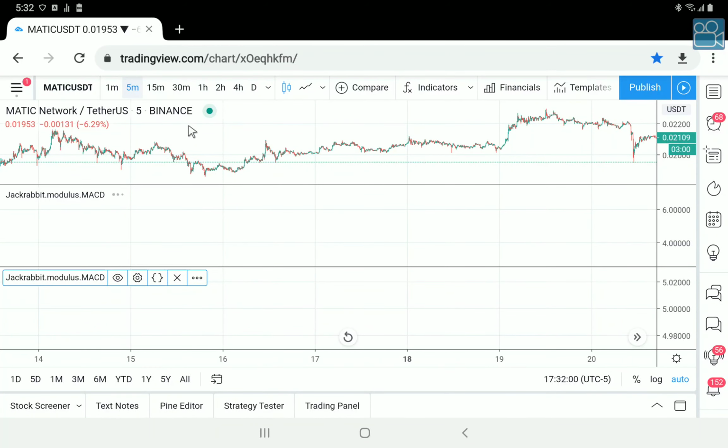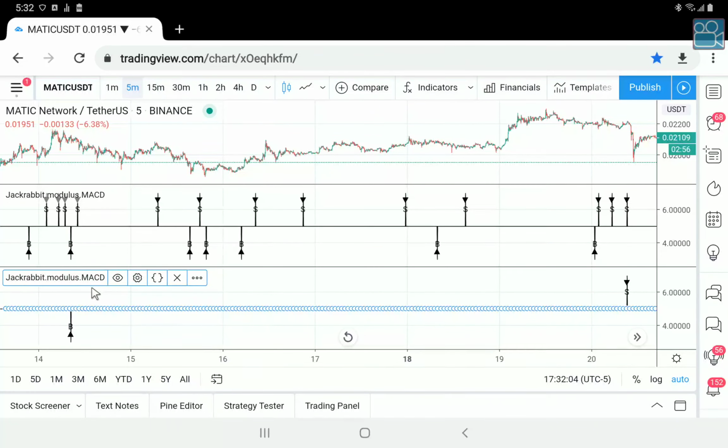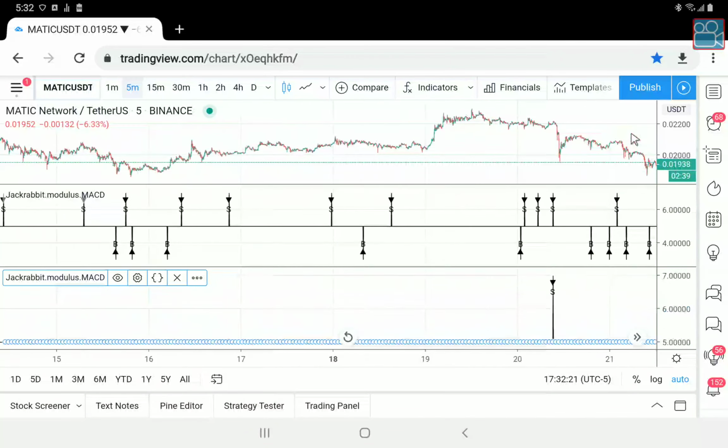Look at different time frames. Does it help you or does it hinder you? For example, here is a buy marker. Here is a sell marker. So having this particular combination on Matic may not be ideal.